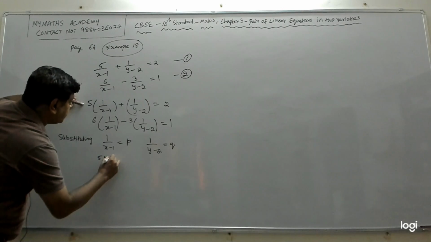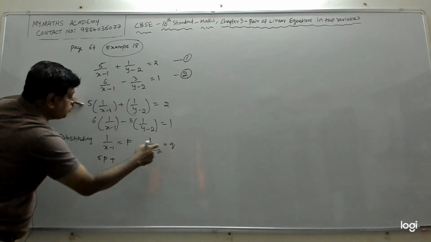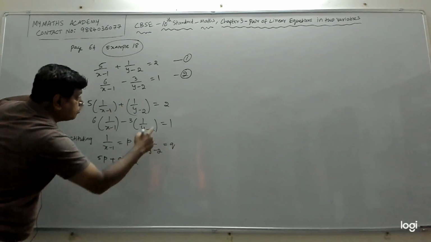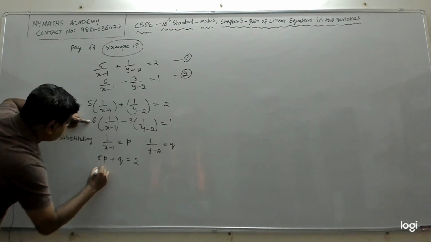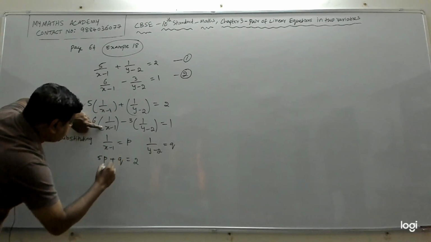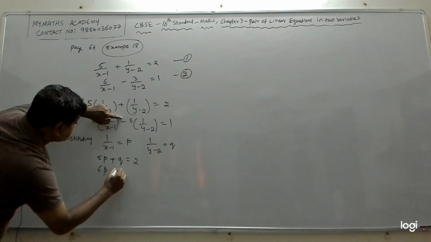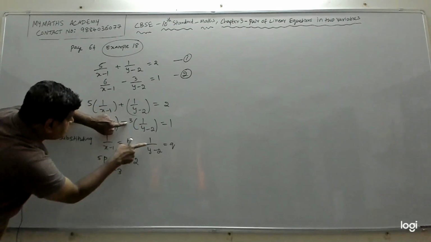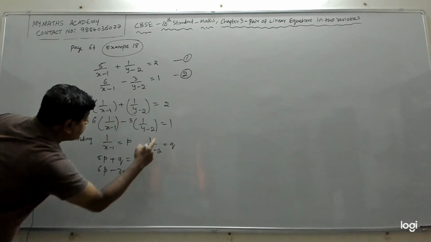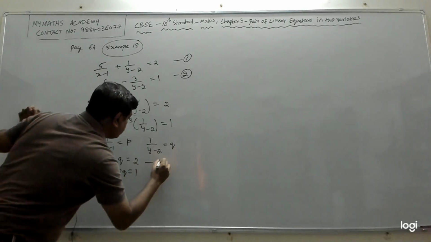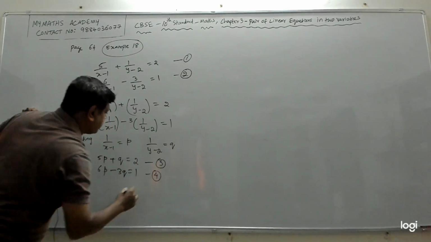So 5p plus 1 by y minus 2, which is q, equal to 2. Then 6 into 1 by x minus 1, which is p, minus 3 into 1 by y minus 2, which is q, equal to 1. So we call these the third equation and fourth equation.